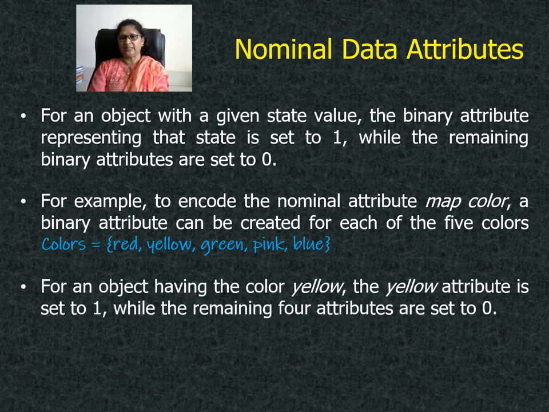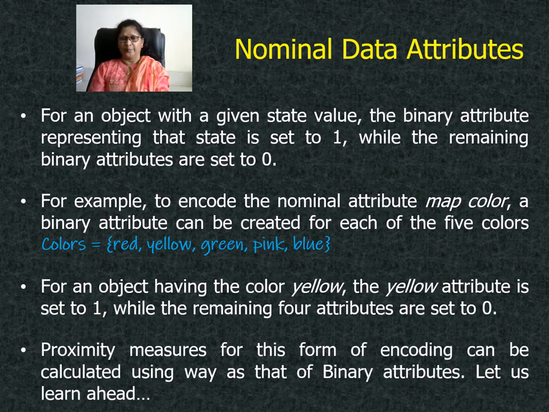We are going to create a binary attribute for each of those 5 colors, which we call the 5 states of the nominal attribute. For an object with color yellow, the yellow attribute is set to 1 while the remaining 4 attributes will be set to 0, and we shall be using this as a proximity measure. We will see one example.